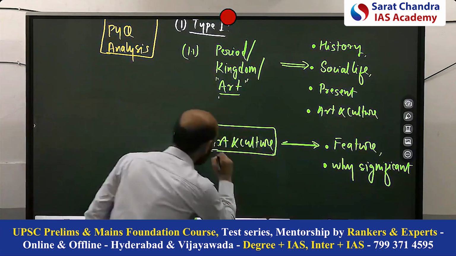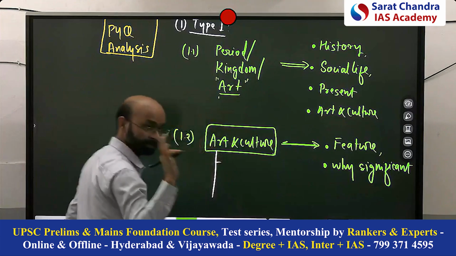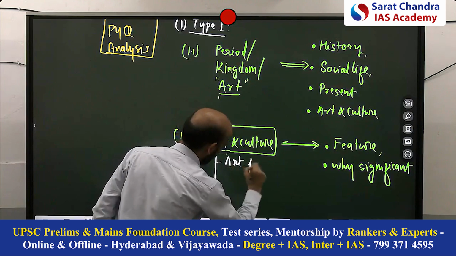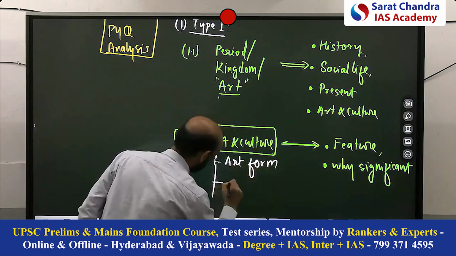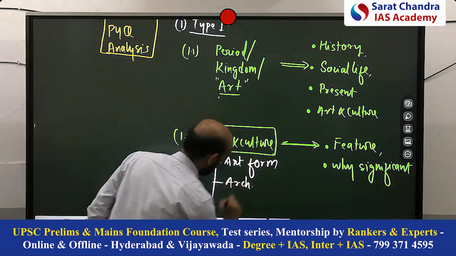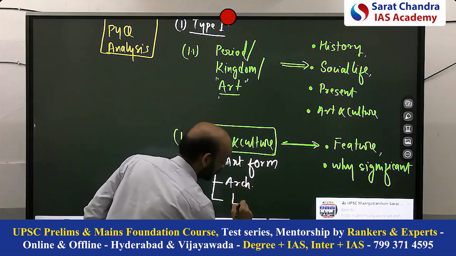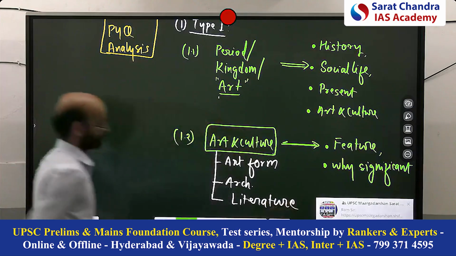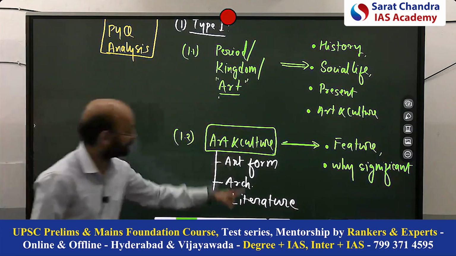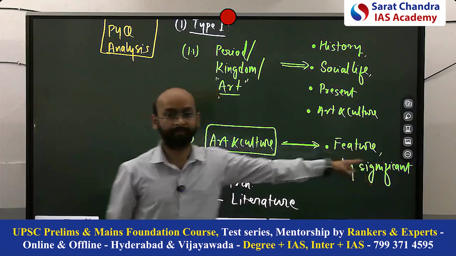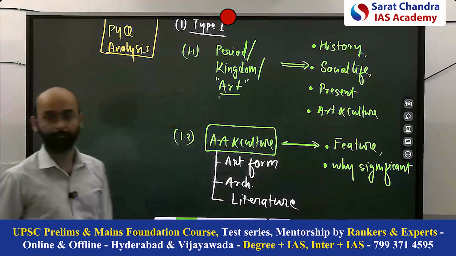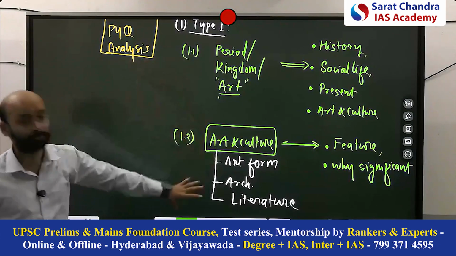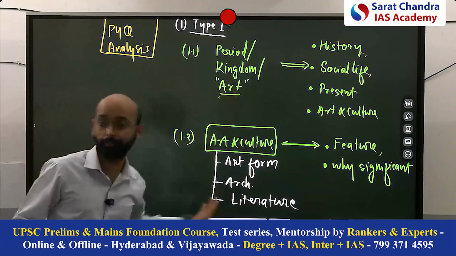Here art and culture again will be three: first is art form, second architecture, and third literature. They are giving this and asking how it is significant and what are the features. Most of the questions are coming in these two types only.